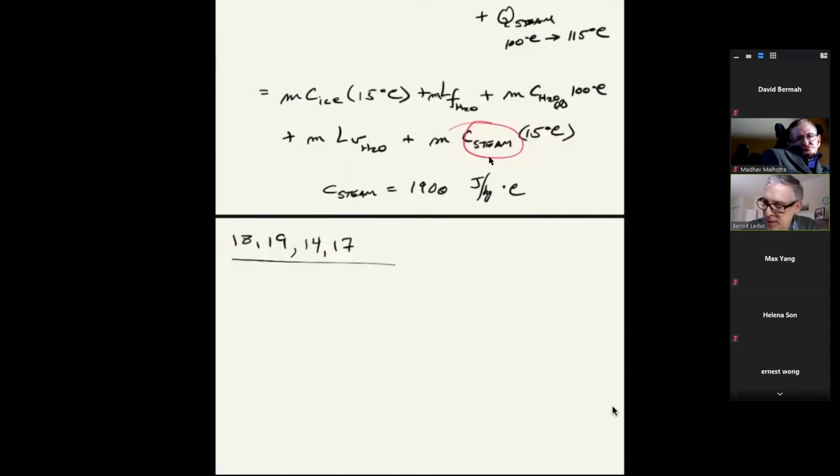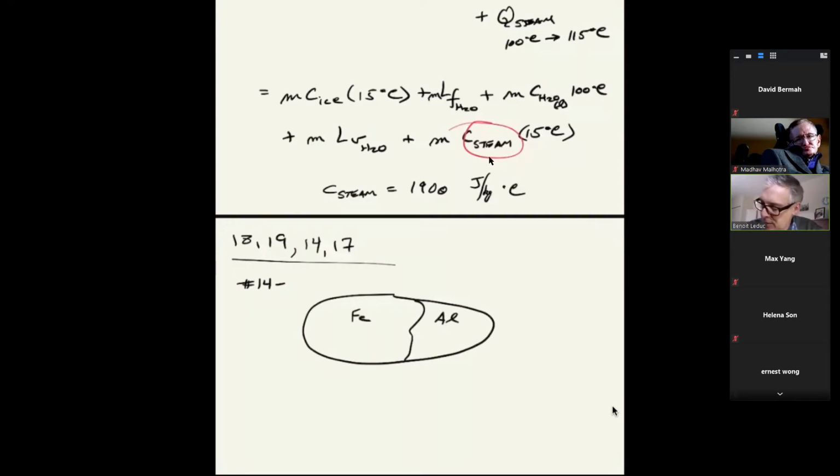So number 14. Let's see what we have. We have a 5 kilogram object. It's made up of iron and aluminum.